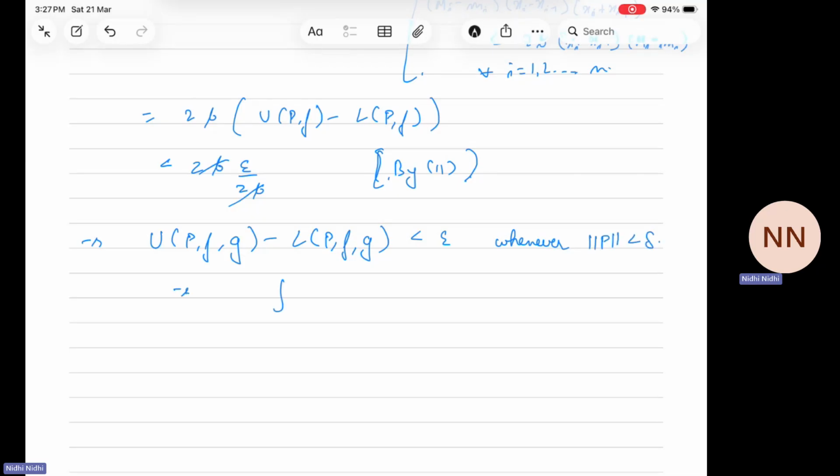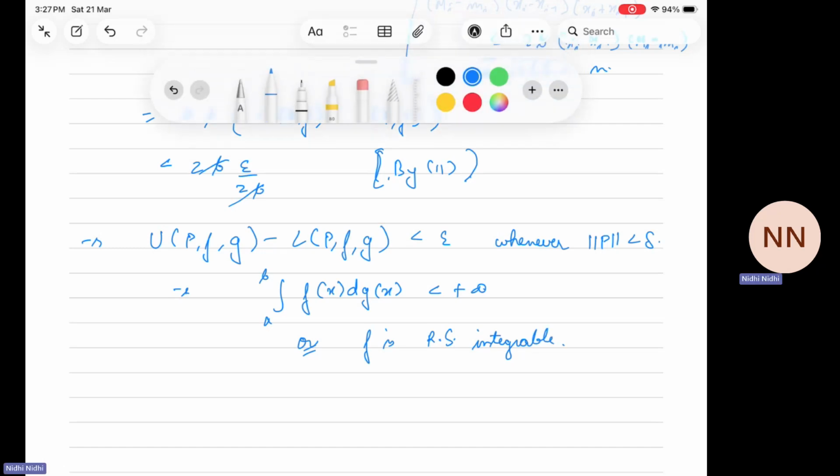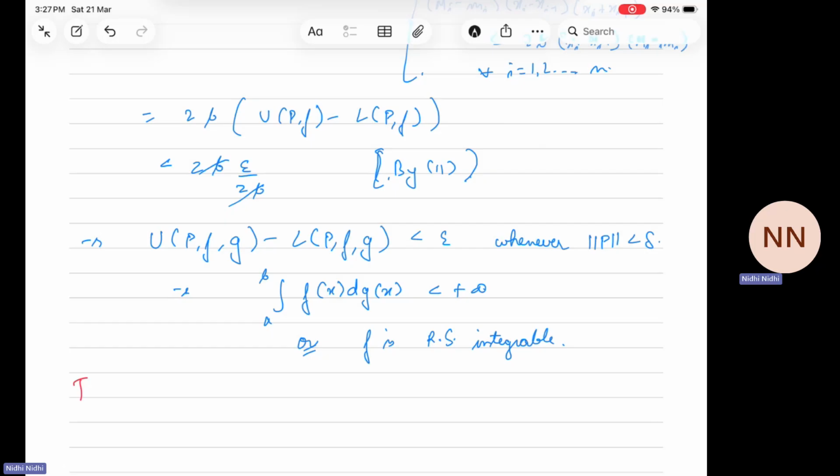That means the integral from a to b of f(x) dg(x) is finite, or we say that f is RS integrable. Therefore, the given statement is true.